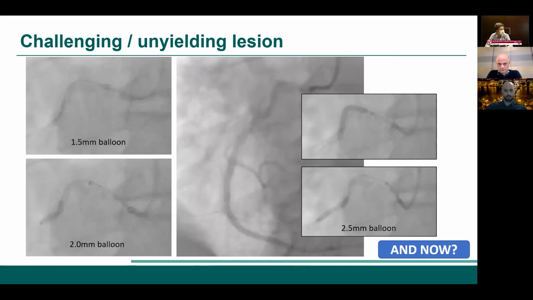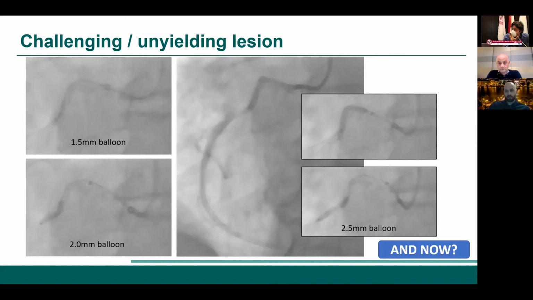Yeah, seeing this lesion, I would want the approach of a very experienced operator doing rotablator, but this 90 degrees is not so easy to go through with rota. I will think of rota last in my algorithm with this 90 degrees in a calcified RCA. I will think twice before going to rota.